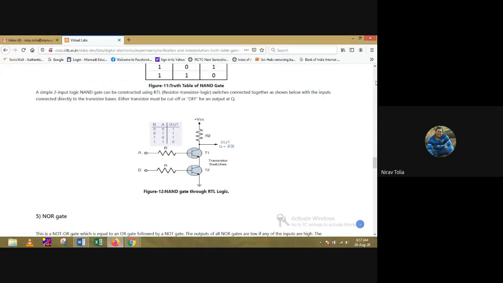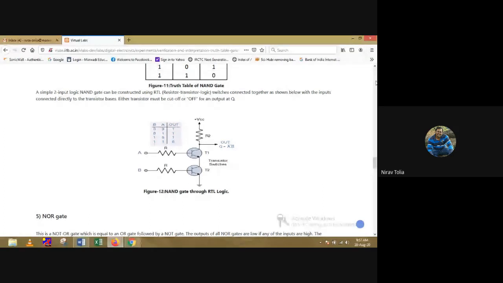If both the inputs are 1, then my T1 and T2 are on, and as T1 and T2 are on, my supply VCC is grounded. So my output is 0.